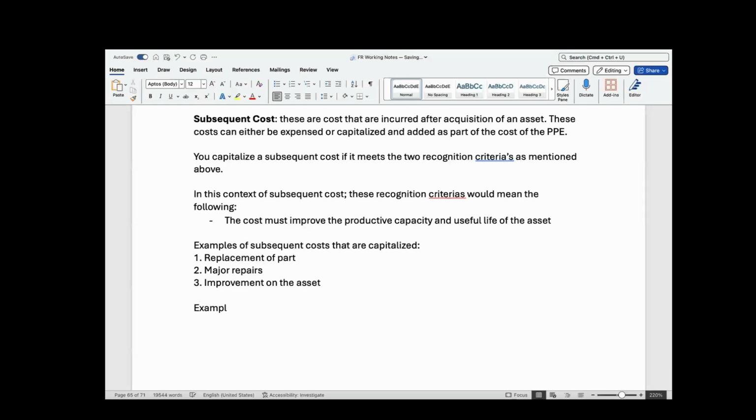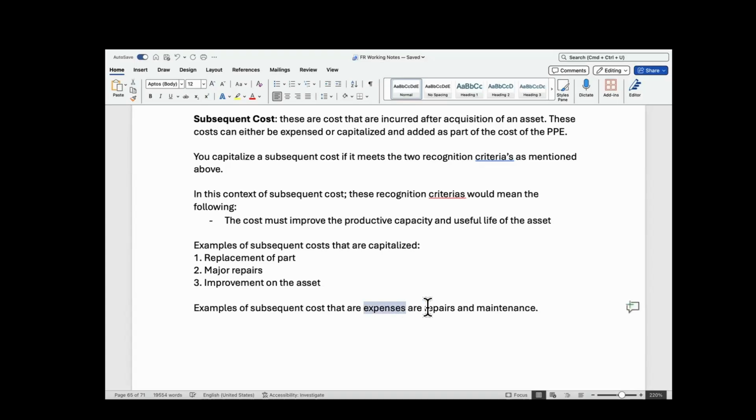But the major example of subsequent costs that are expensed are repairs and maintenance. So repairs and maintenance are usually expensed.